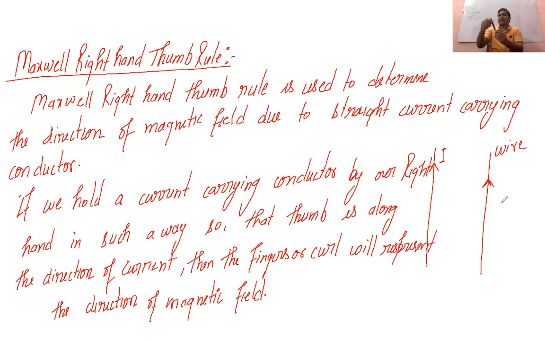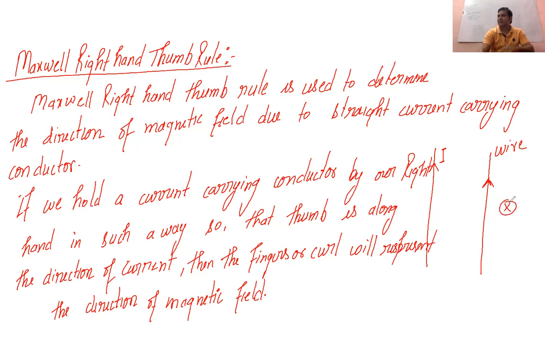Suppose current is moving in the upward direction and you are holding this current carrying conductor. Then your fingers or curl will represent the direction of magnetic field if and only if your thumb represents the direction of current. So if you are holding it, your curled fingers will be going inside the plane.